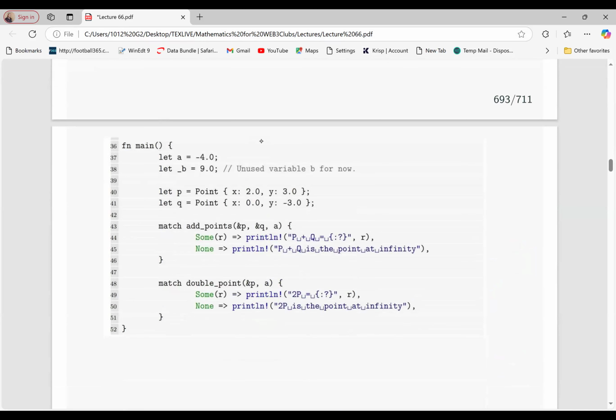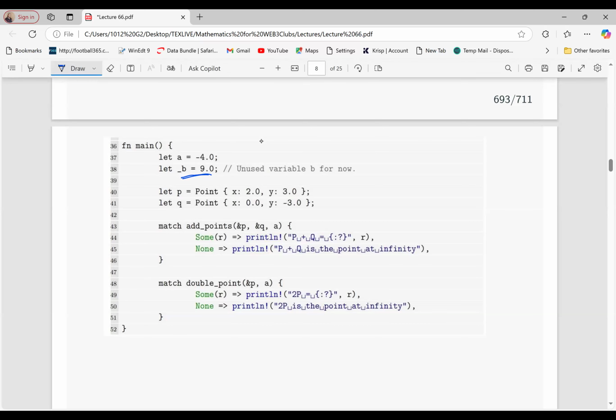So this is the main function. I had included a b, but I know that this b is not used in any of the methods. And so you can see in my program, I've put underscore b. This underscore means I will not use it.